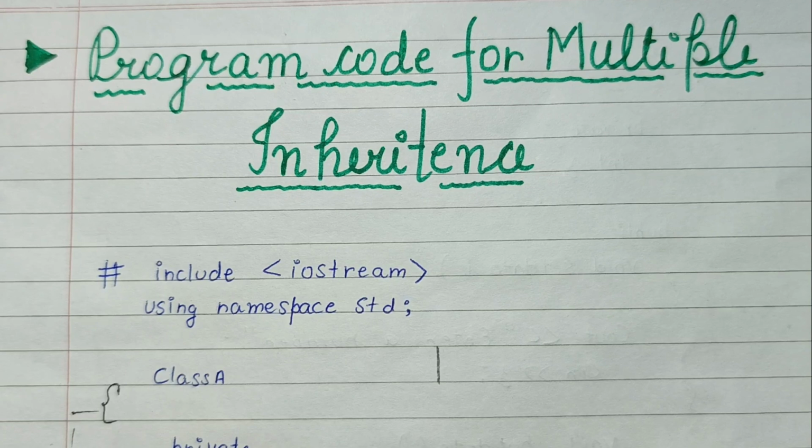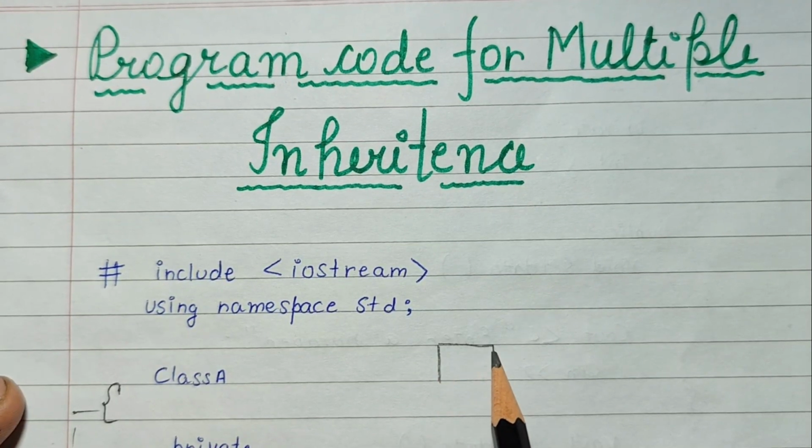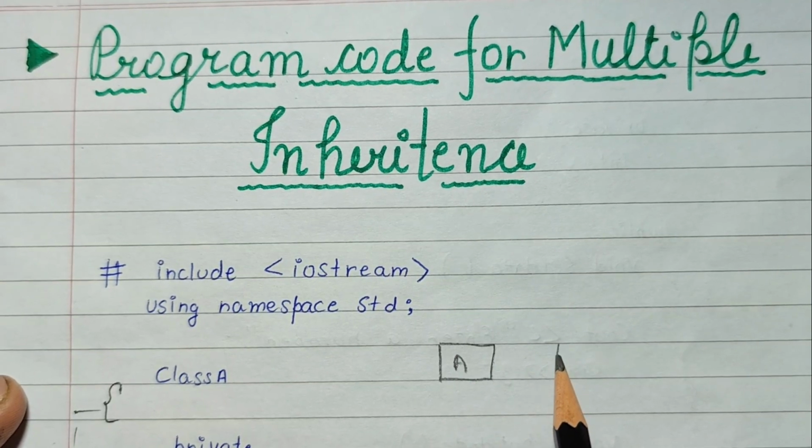In this video, I discuss how to write the code for multiple inheritance. So first I draw the block diagram of the multiple inheritance. In multiple inheritance we have two or more than two base classes.